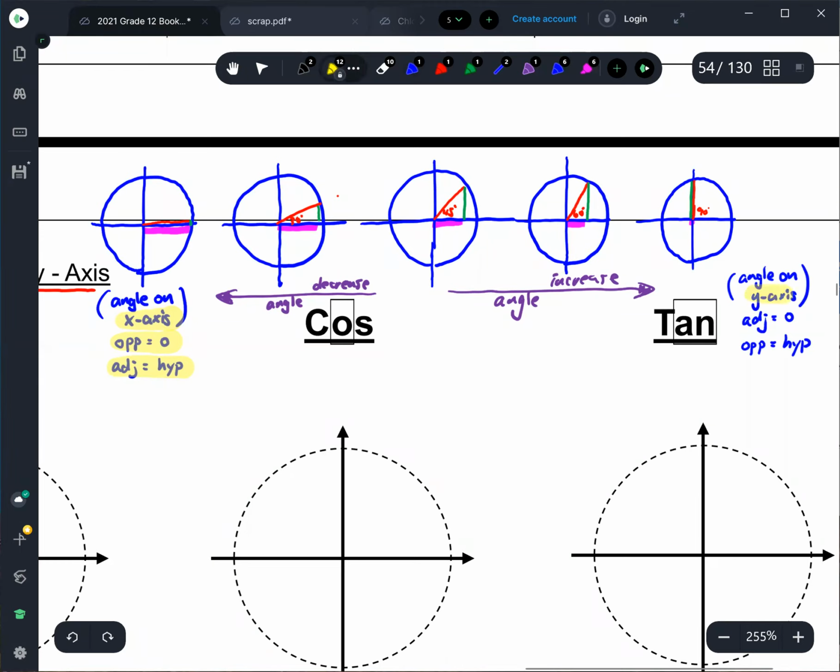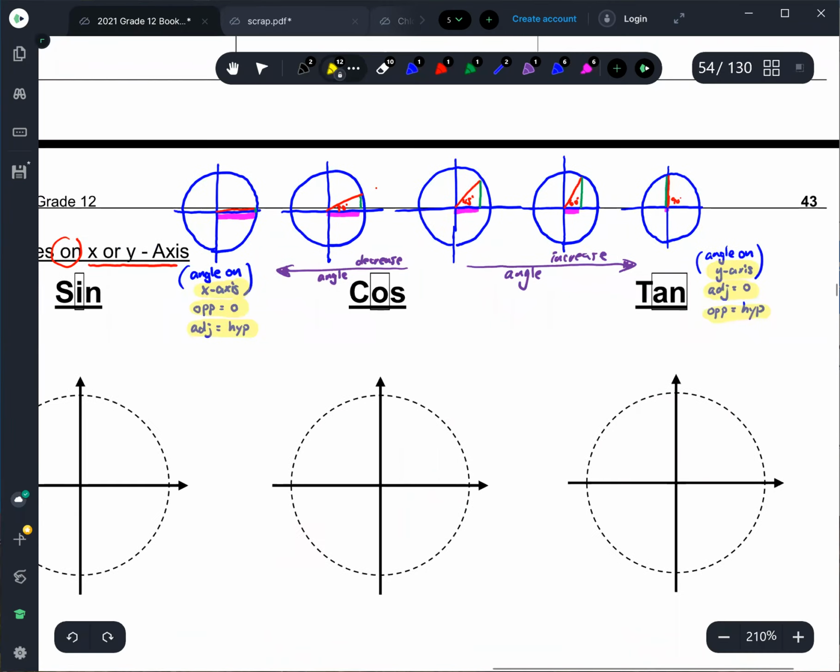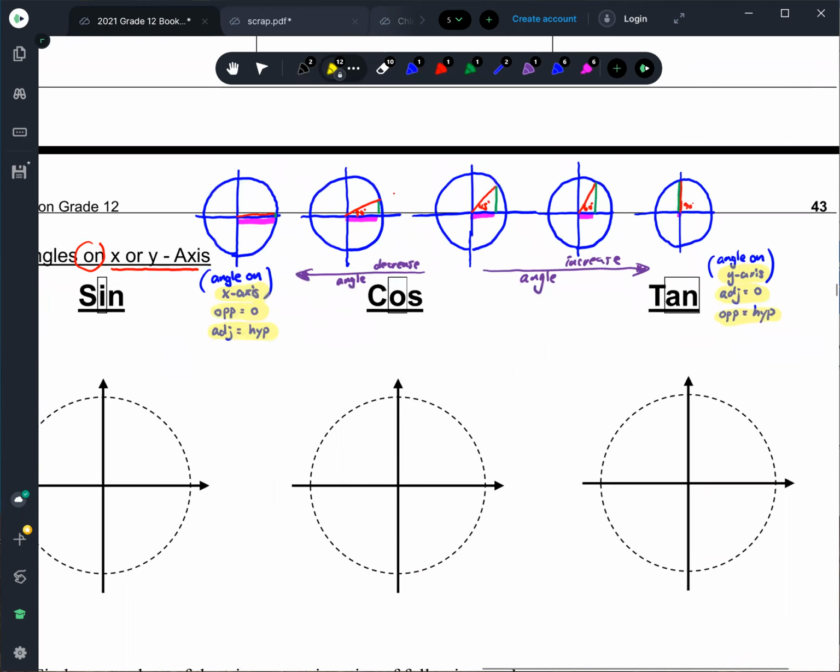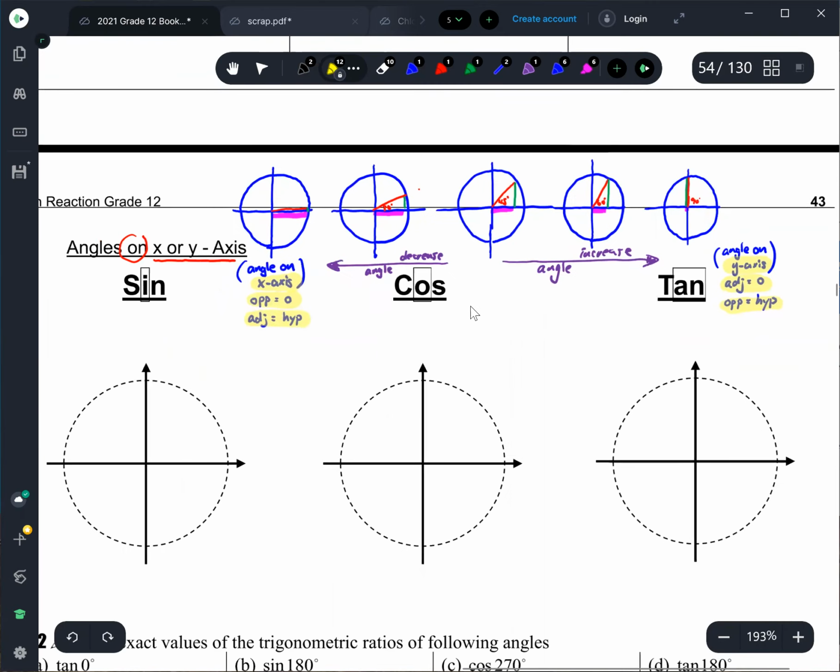Y-axis: adjacent is gone, opposite and hypotenuse are the same. Please raise your hands when you're done here, and we're gonna move on to finding the ratios for those places.